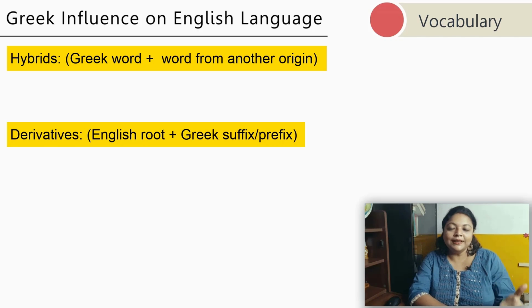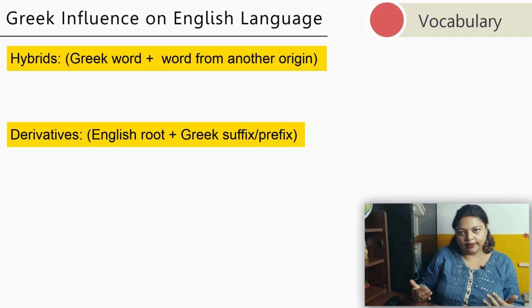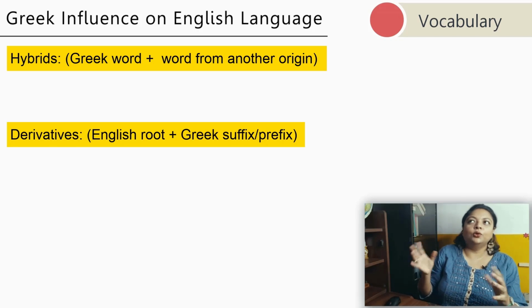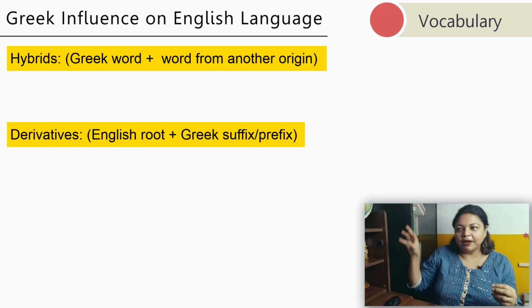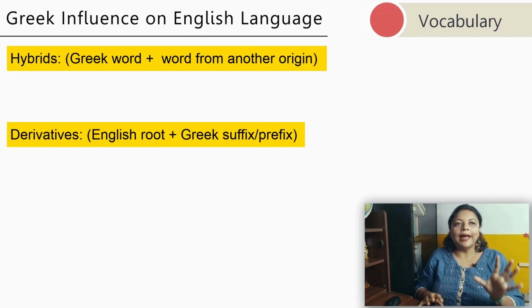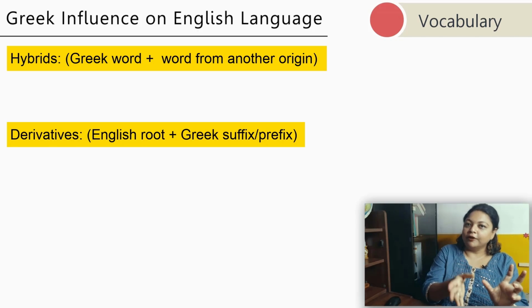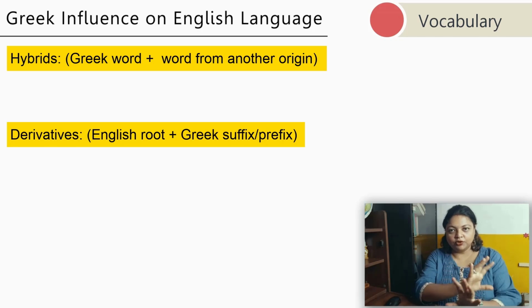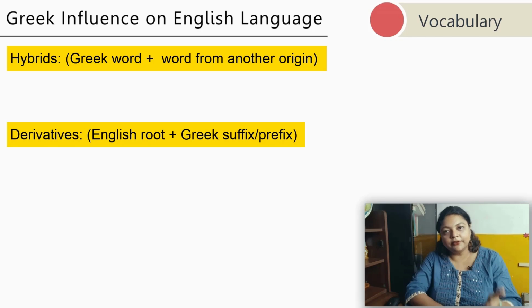All right. What is derivation? Derivation is there's a word and you just add things to it. It is also a kind of hybridization because the thing which you are adding to it might belong to a different language. But in derivation, you have a main root word where you are adding a suffix or a prefix to it, which is you are adding affixes to a root word, and that is called derivation.